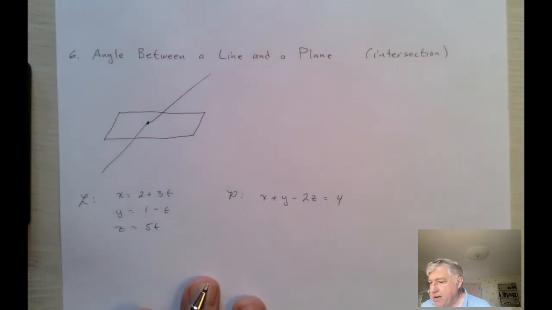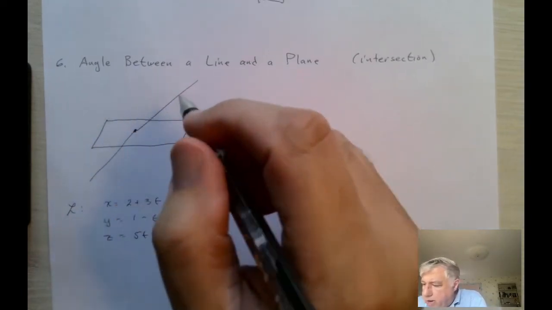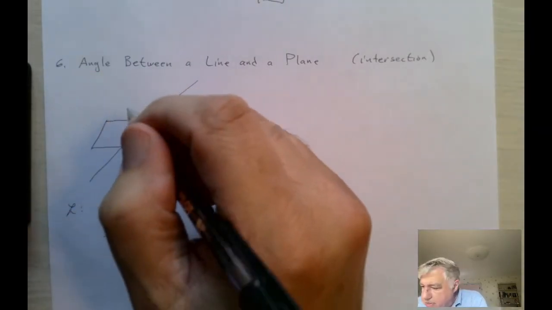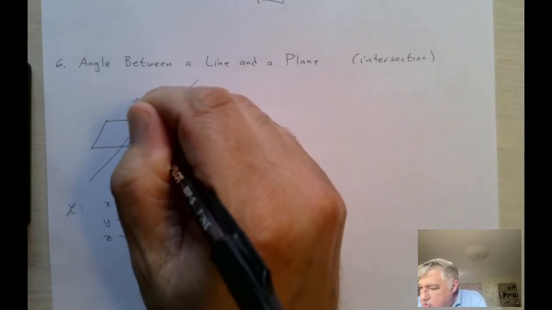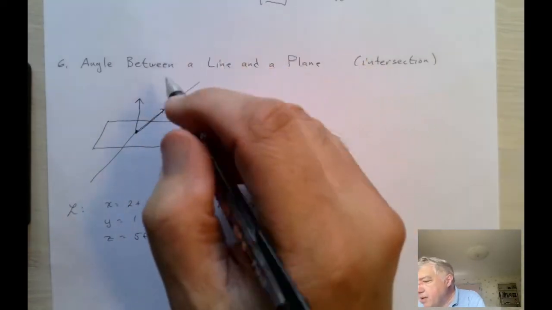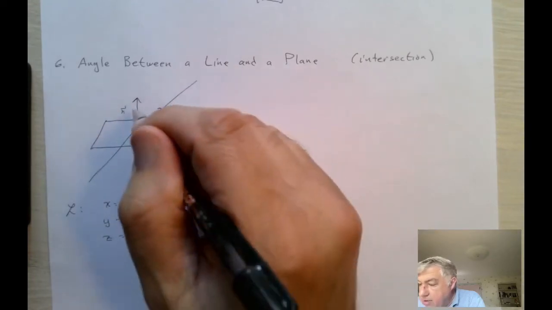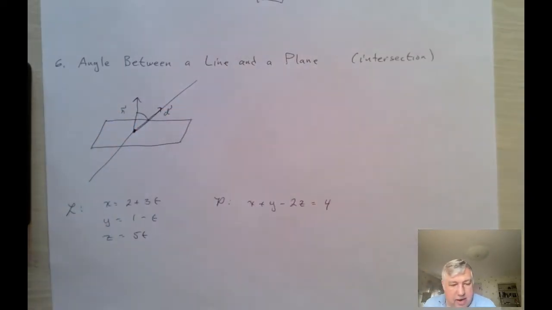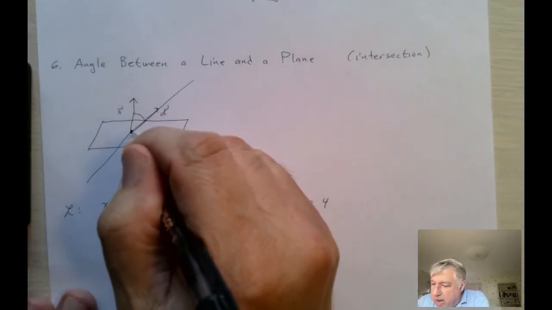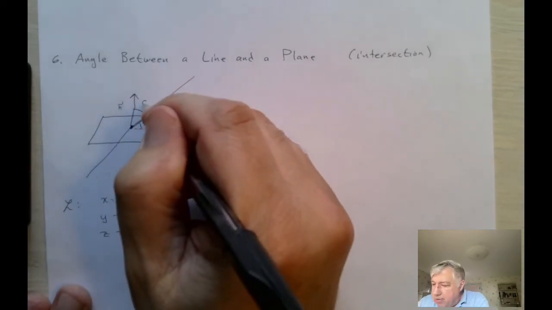Now in our other case, where we had a line that intersected the plane, the way we do this is we know that the normal vector and the direction vector almost give us what we want. Here's d and here's n. We can think about what the angle here is. The actual angle we want is this angle, that's our theta. So we can call this one phi.